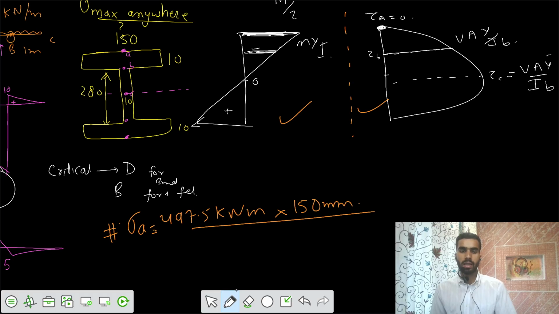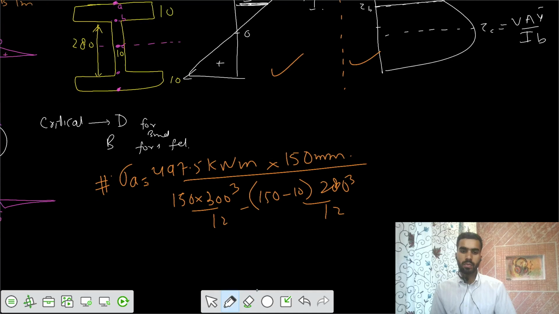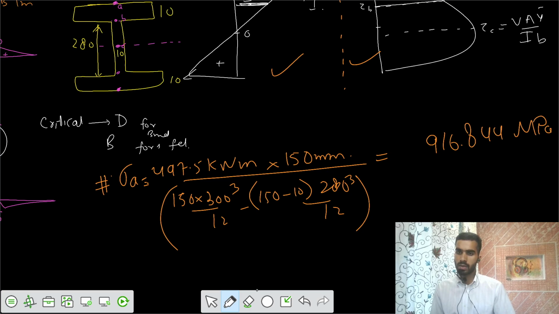The value of I is 150 into 300 cube by 12 minus 150 minus 10 into 280 cube by 12. So you got this value of I, and that's your My by I. So the stress at A is equal to 916.844 megapascal.